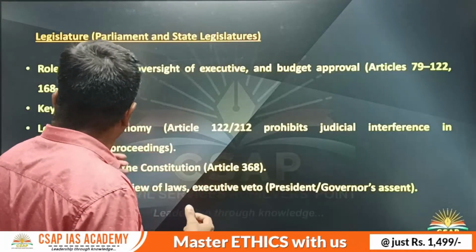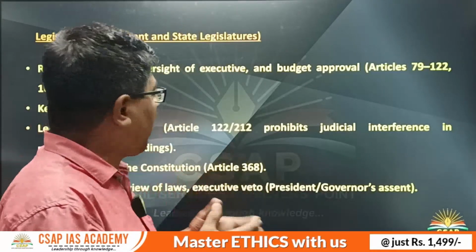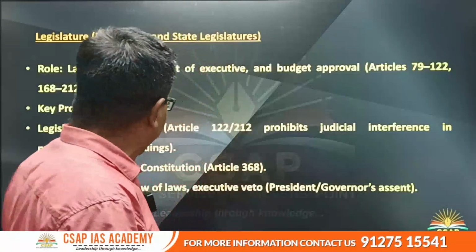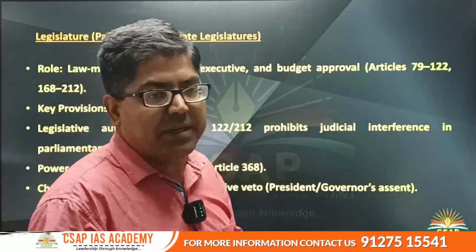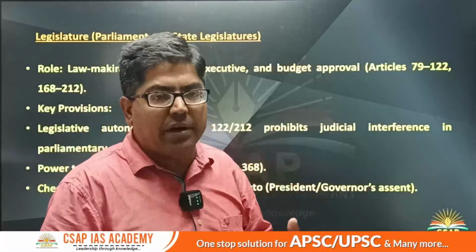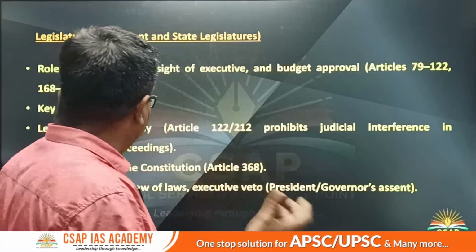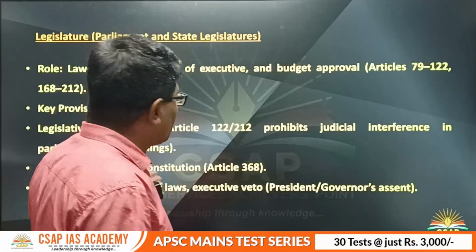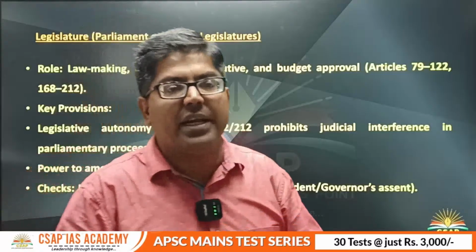Then we have the power of the legislature to amend the constitution through Article 368. As the highest lawmaking body, the parliament has the power to amend the constitution through Article 368. Then we have checks, so as to ensure that this power is not abused by the parliament, right?